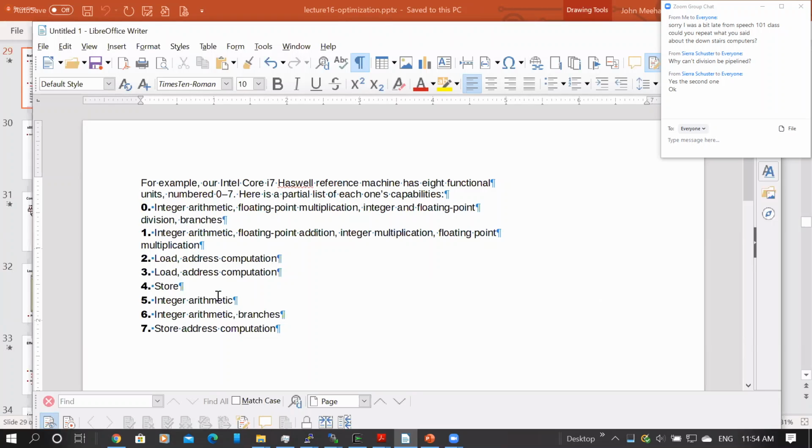At the same time, you're storing two things, which can be pipelined. So we're learning more and more detail about how the CPU actually works. There's more to come.